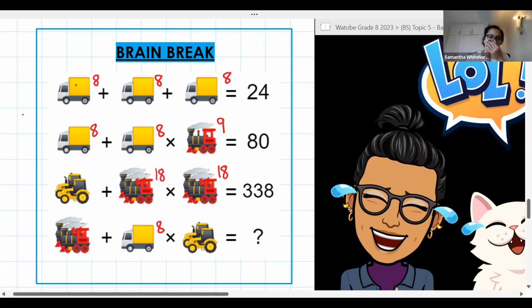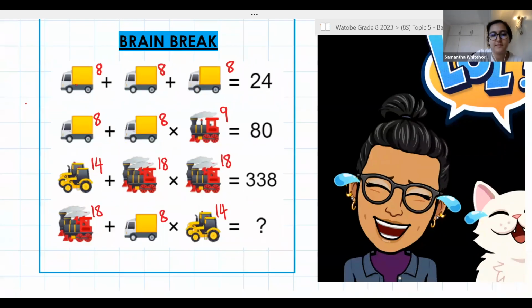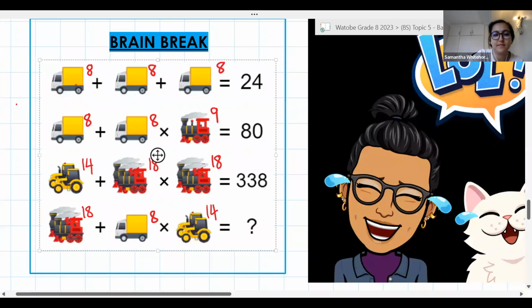If you take the answer and subtract it from 18 times 18, you got the answer for this one, which was 14. So 8 times 14 plus 18, which equals 130. Excellent. Well done.